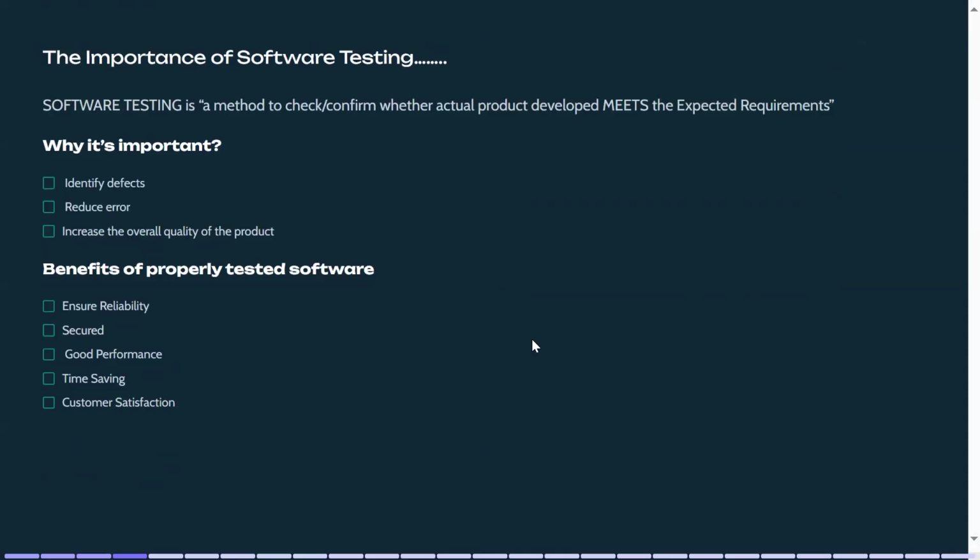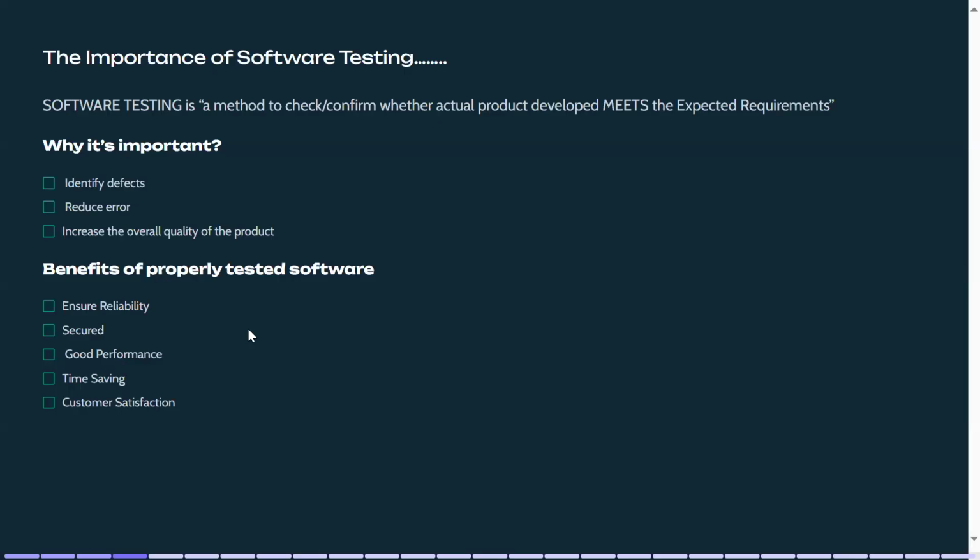Okay, what is the importance of software testing? As I said earlier, software testing is important because if there are any bugs or errors in the software, they can be identified early and solved before delivery of the software product.